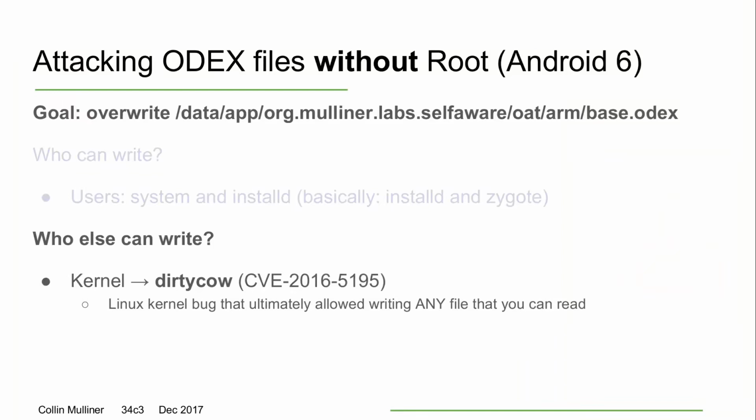And one year ago, there was this nice kernel bug by the name of Dirty Cow, which basically allowed you to override any file in the file system that you can read. As a shell user, you can obviously read all odex files.